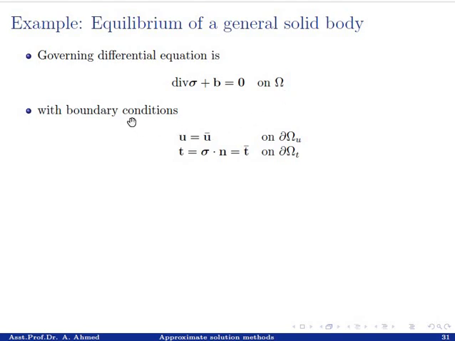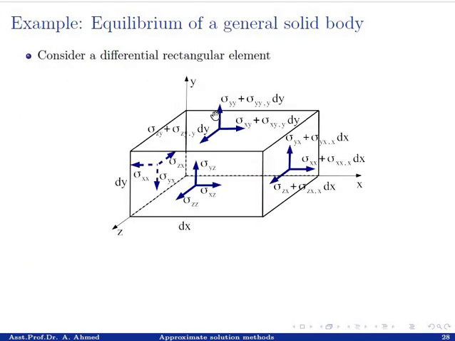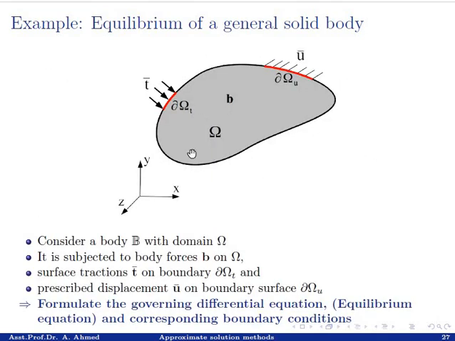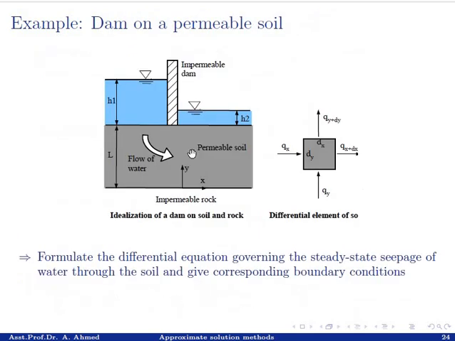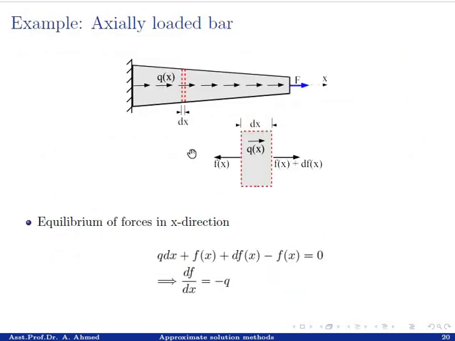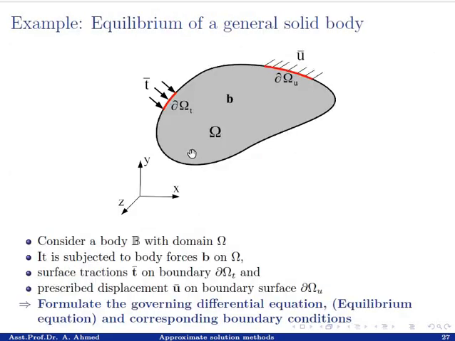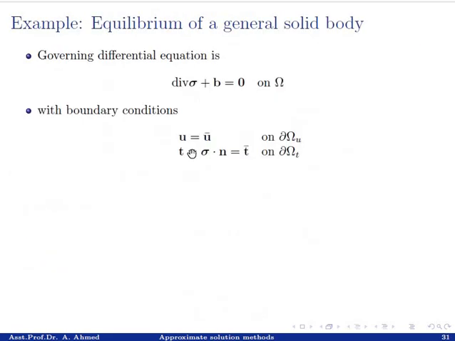So now for this particular example, for this generic body, it can be a bar element like this element. For this particular case, the boundary conditions are that the displacements are equal to u bar on the boundary partial omega u, and the internal forces are equal to the external forces T bar at the boundary partial omega t.